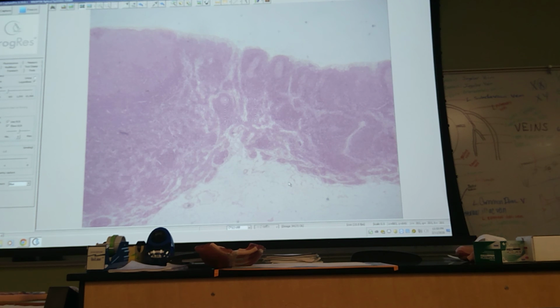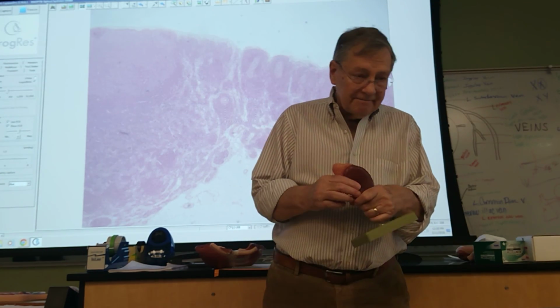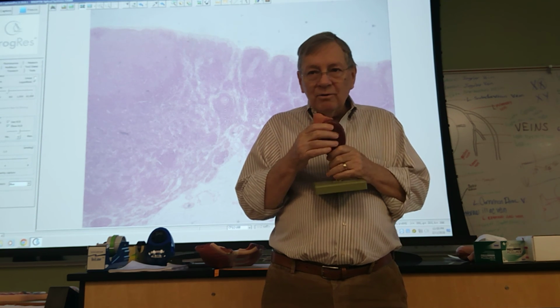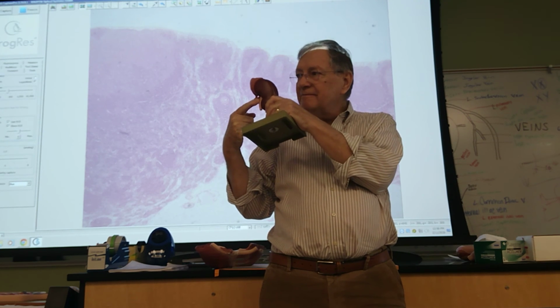And last, I stopped here for a reason. Some term we have not encountered or talked about before is a hilus or hilum. Okay? A hilus or hilum is nothing but an area of organ where large vessels go in and out.